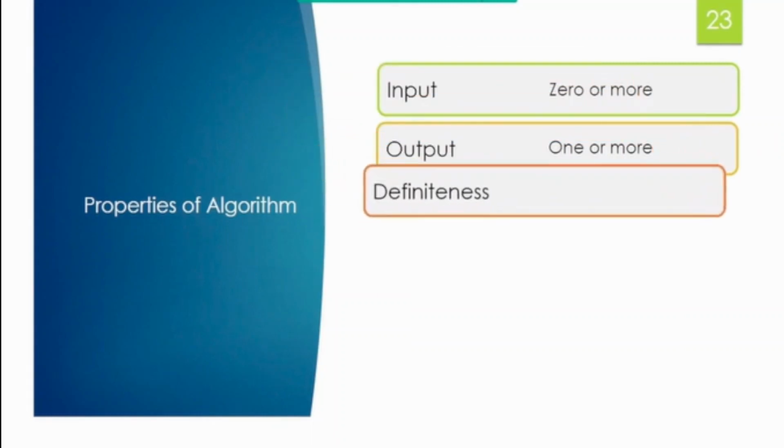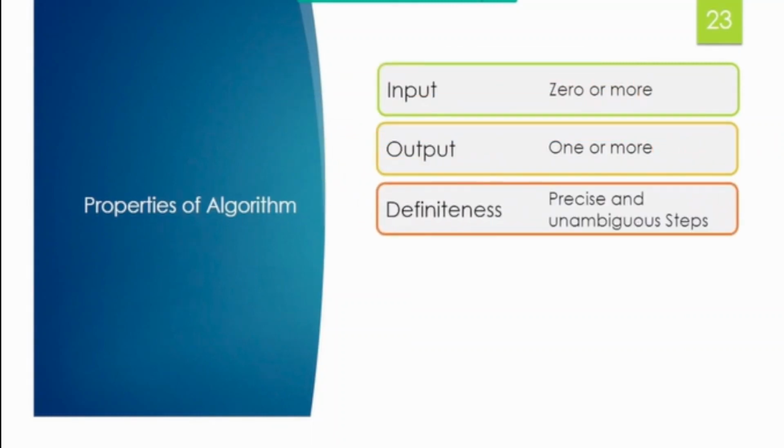Now the third property is definiteness. What is definiteness? It says that every step must be precise and unambiguous. Now what do we mean by precise and unambiguous? If you remember our approach 1 in the Babylonian search method, there we said: if x into x is greater than n, then decrease x by d, right?